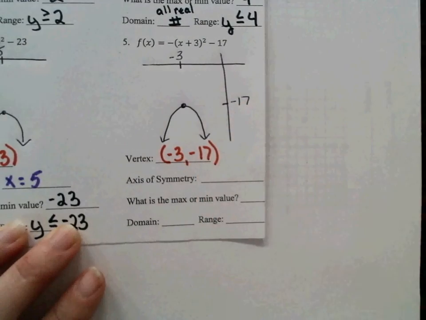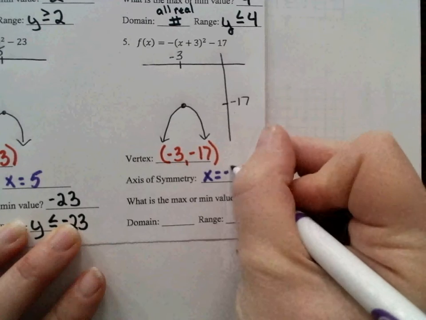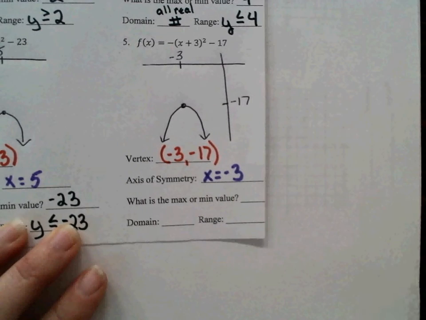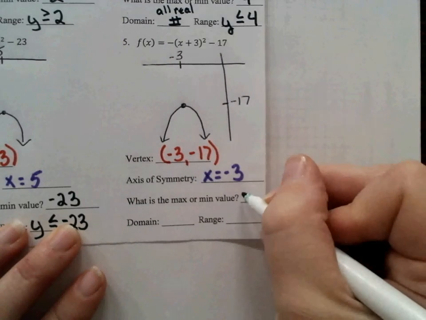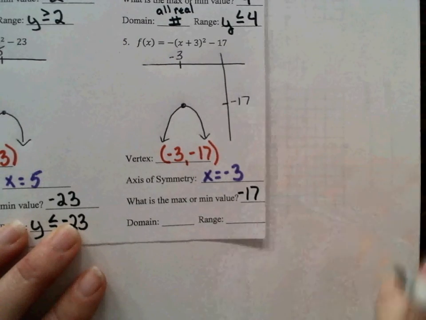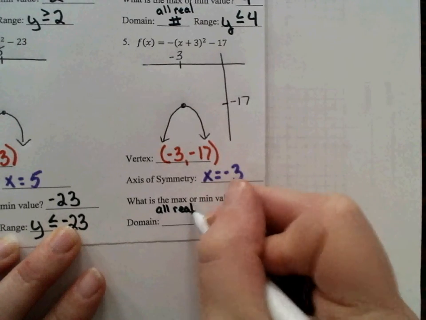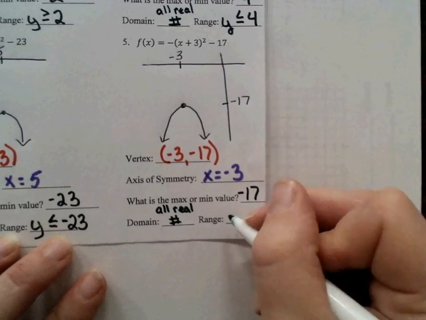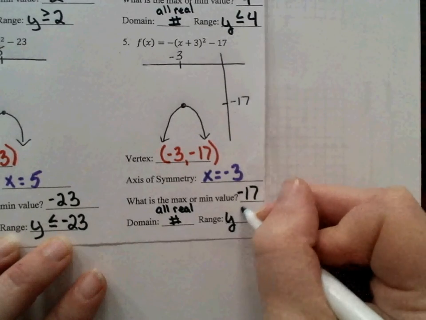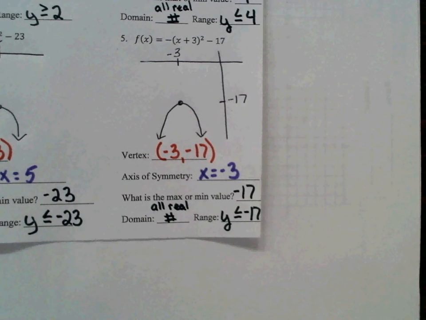Somebody tell me the vertex. (-3, -17). Axis of symmetry: x equals -3. Does it have a min or a max? It has a max, and that max value is -17. Your domain, all real numbers. No one better miss that Friday on the test. And the range, y is less than or equal to -17.